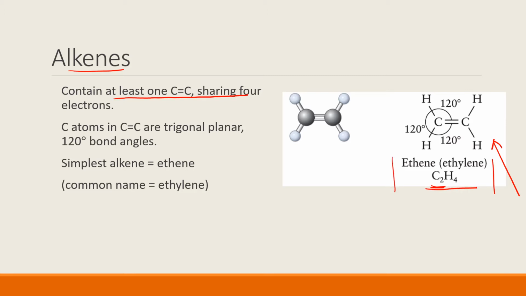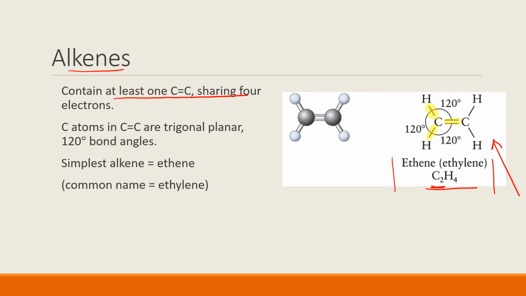In chapter number 4, we learned that if an atom has three bonding sites, as in the case of alkenes, as you can see each carbon atom has three bonding sites, the geometry around the atom will be trigonal planar.